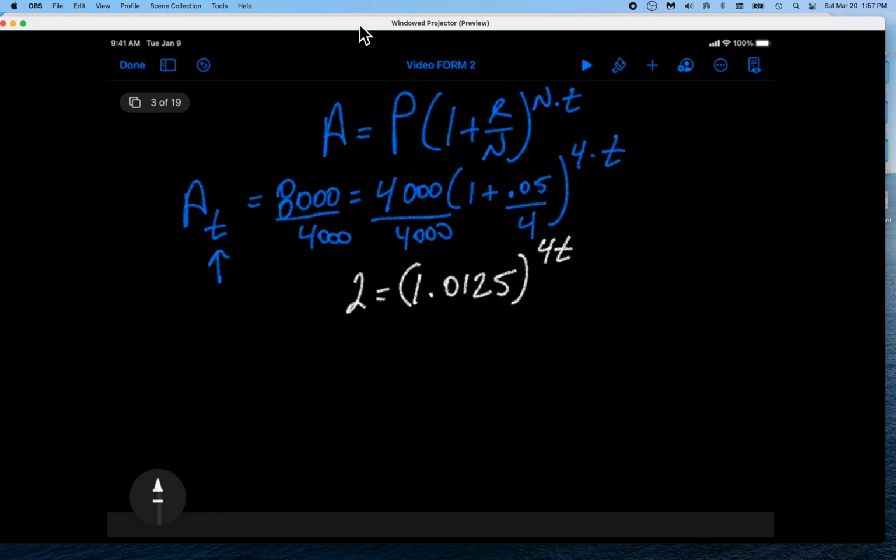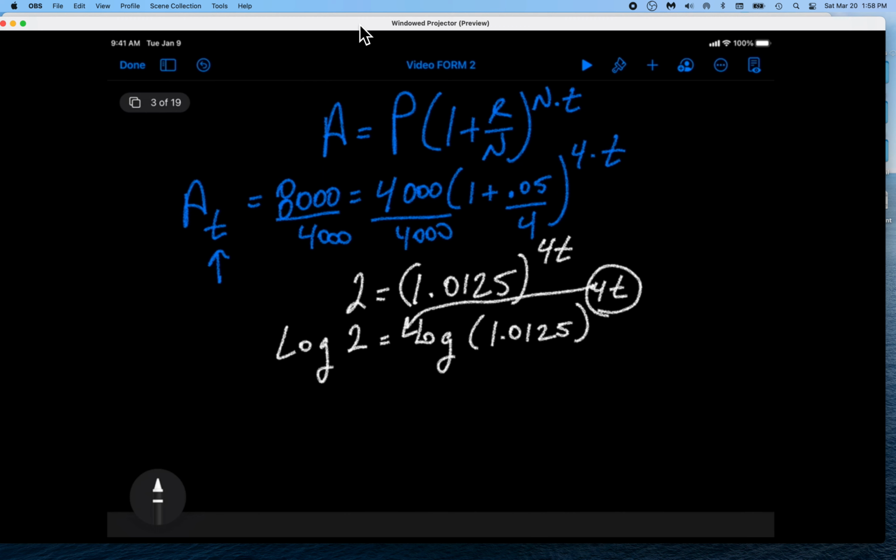The way we would like to solve this is by using logarithms. So we're going to take the logarithm of both sides. We're going to take advantage of the property that lets us bring this exponent out front like so.